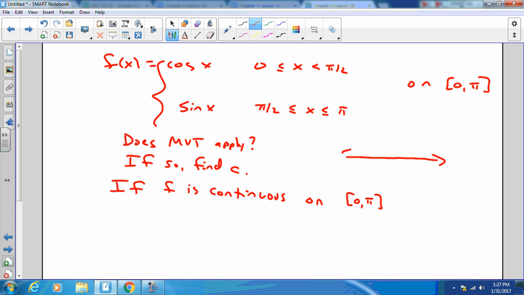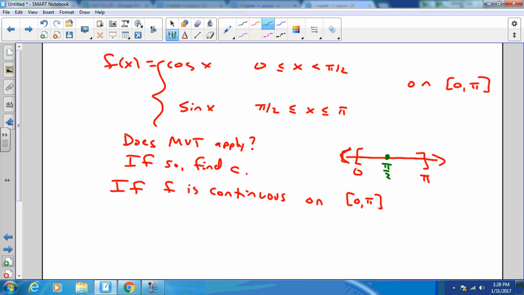Now when we're checking this, you want to think of the entire interval of numbers from 0 to pi. We observe that my function comes in two pieces. And the first piece has a domain of 0 to pi over 2, and the second piece has a domain of pi over 2 to pi.